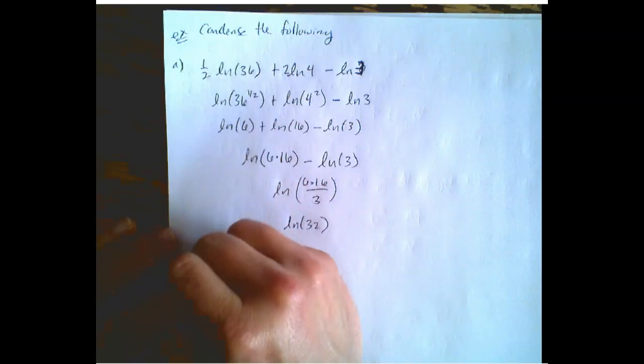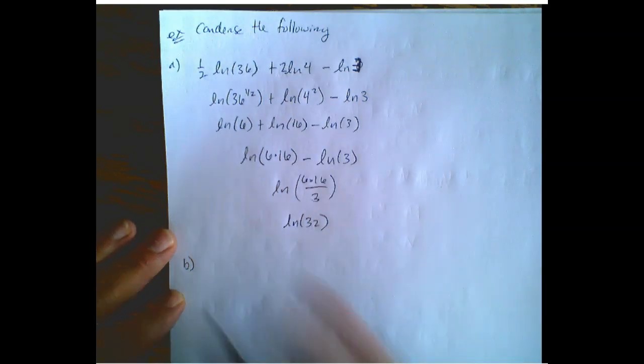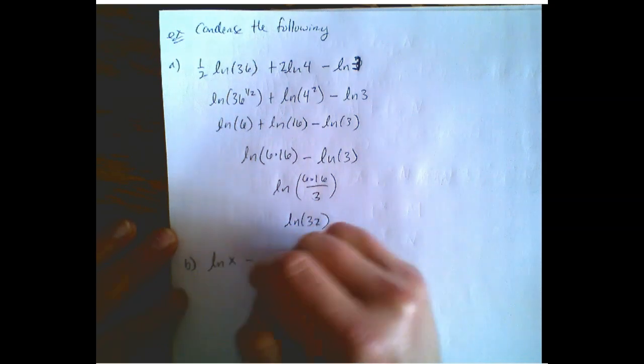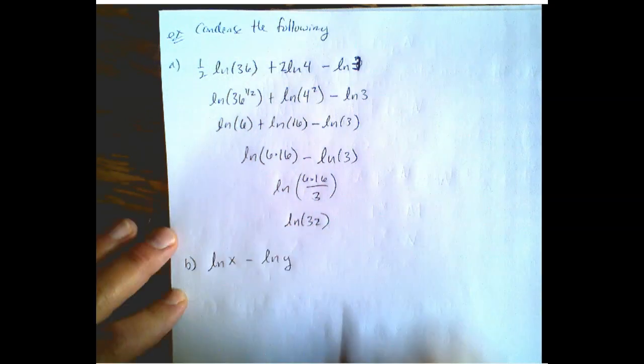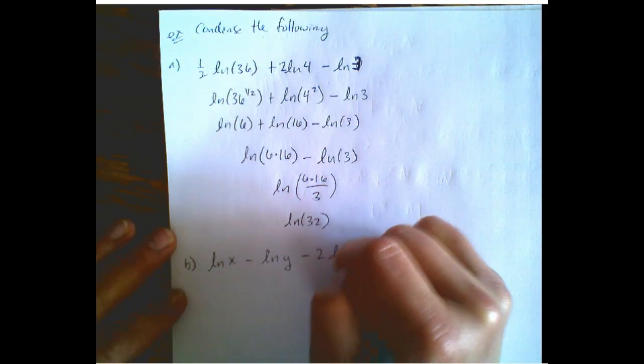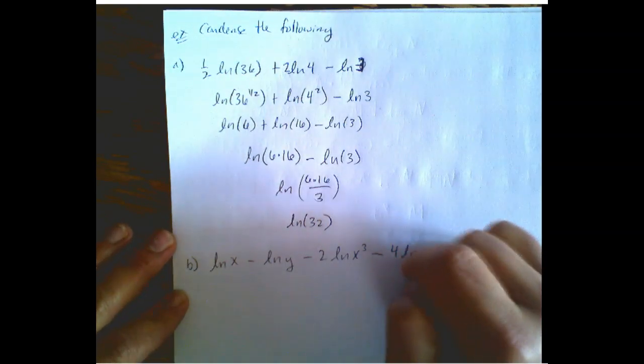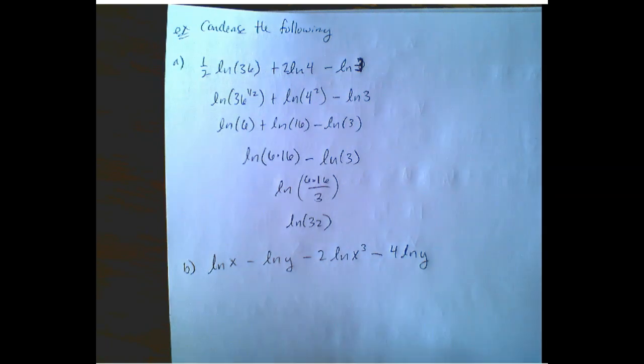Let's try one more. We want to do this one here. So the natural log of x minus the natural log of y minus 2 natural log of x cubed minus 4 natural log of y.